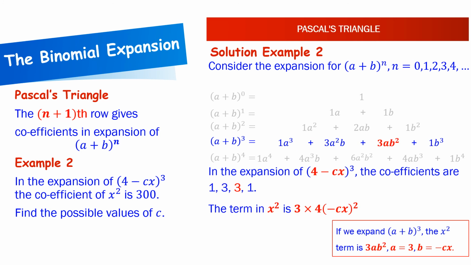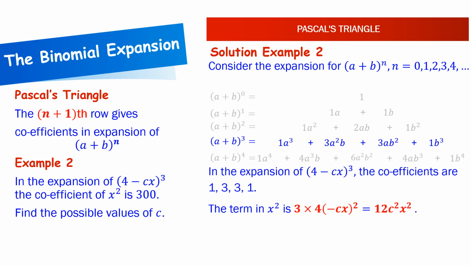The term in x squared which we are interested in with regards to our question is 3 times 4 times (-cx)^2. Notice that if we expand (a + b)^3, the x squared term is 3ab^2, and we've simply substituted a equal to 4 and b equal to -cx.